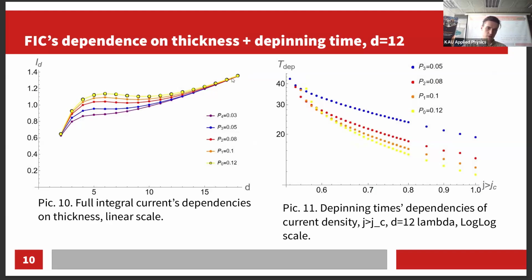So the angle here is slower than it would be for a direct dependence. No, if you compare one-to-one two quantities, they should somehow have the same dimension. I don't understand. Okay.